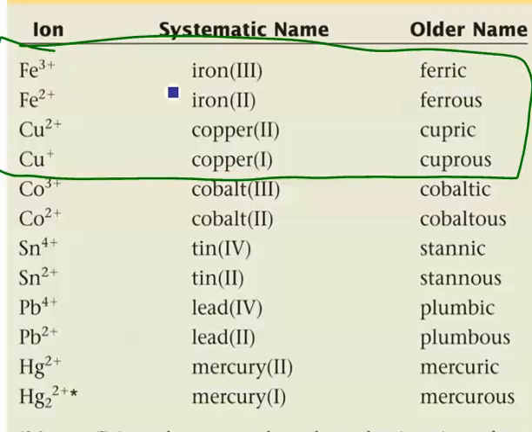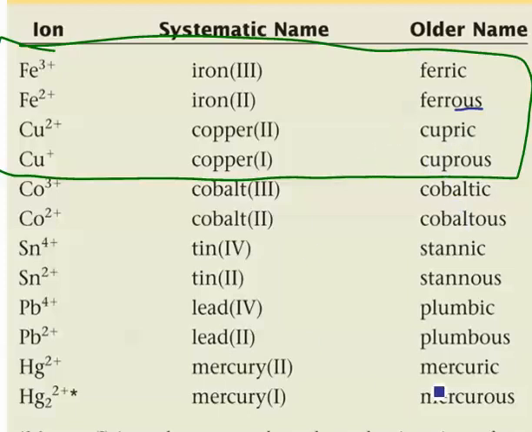So Fe3+, which would be called iron(III) in our systematic name, we call this the ferric ion. Whereas iron(II) we call the ferrous ion. So the -ous indicates it has a lower oxidation state or a lower positive charge. Similarly, copper(II) is called cupric and copper(I) is called cuprous.